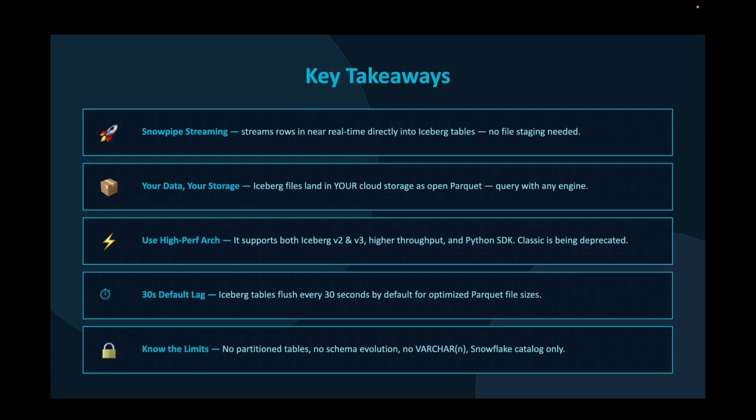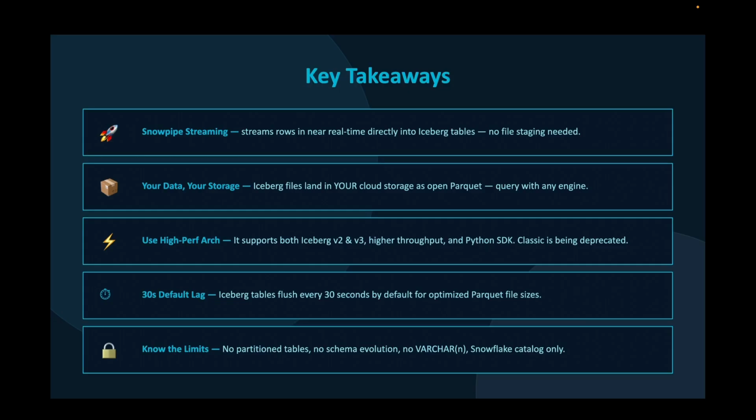So in a nutshell, what we discussed is what Snowpipe streaming is, and we talked about Iceberg files and leveraging the high performance architecture. We also talked about the 30 seconds default lag that is important for Iceberg, and knowing the limits of not supporting partition tables and schema evolution, and certain unsupported columns for Iceberg tables via Snowpipe streaming.